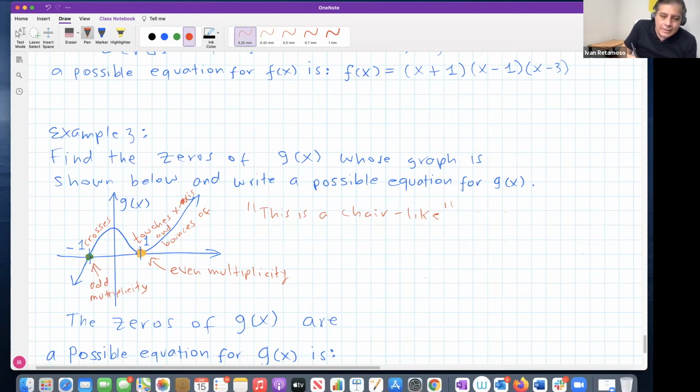Since the sum of the multiplicities should give us the degree of the polynomial function, this has to have degree 3. It's a cubic polynomial function.